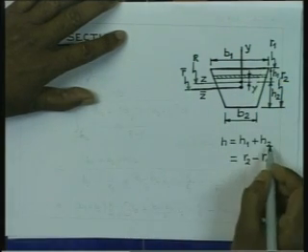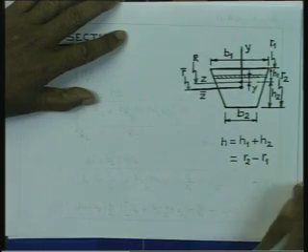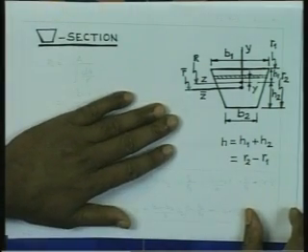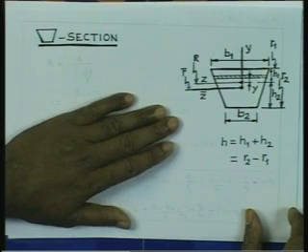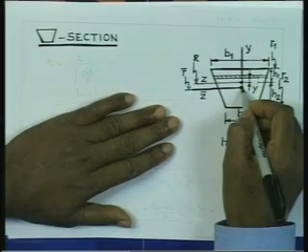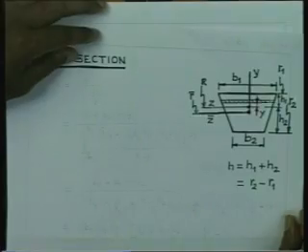So, h is nothing but h1 plus h2, which is same thing as r2 minus r1. In this case, first thing that you have to do is locate the centroid of the cross section, which is very easy. I will not go into doing that, but let us calculate the radius of curvature R of this cross section.